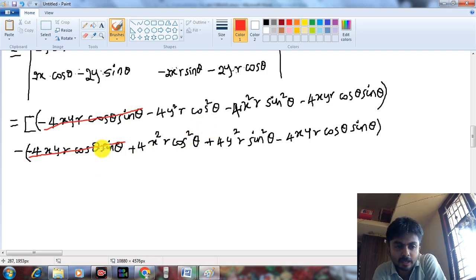After multiplying, these two terms, 4y square or cos square theta and minus 4y square or sin square theta, will not get cancelled. Before that, let us check these two, minus 4xy or cos theta sin theta.